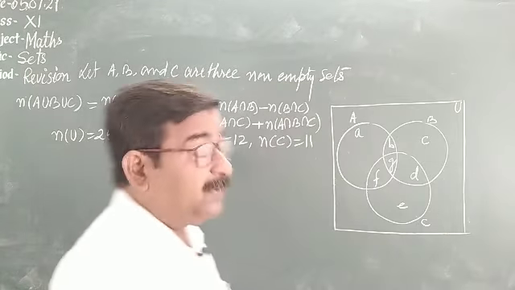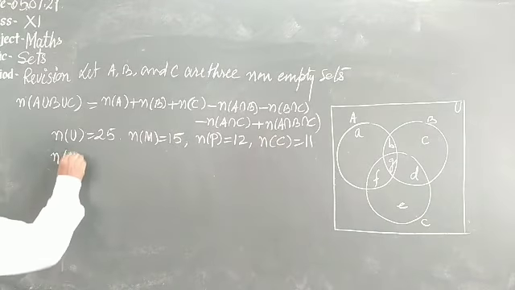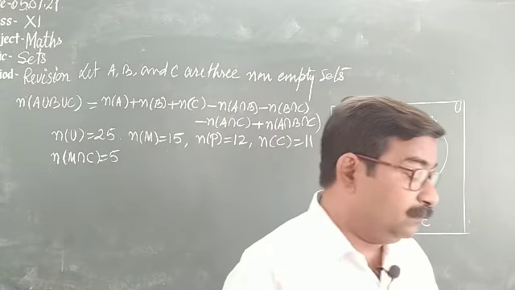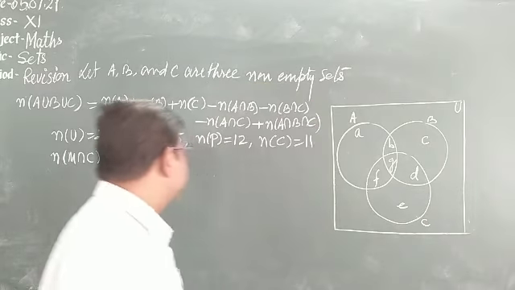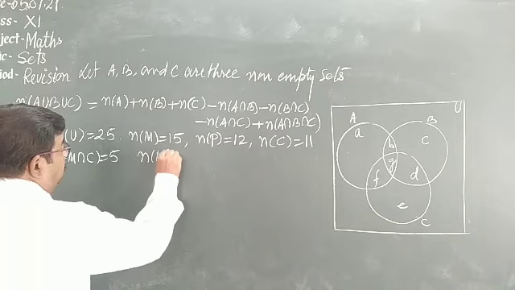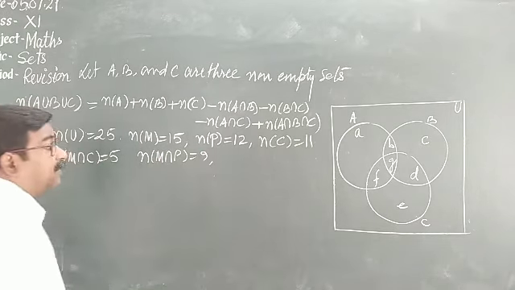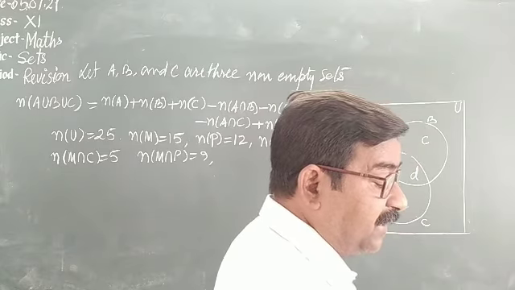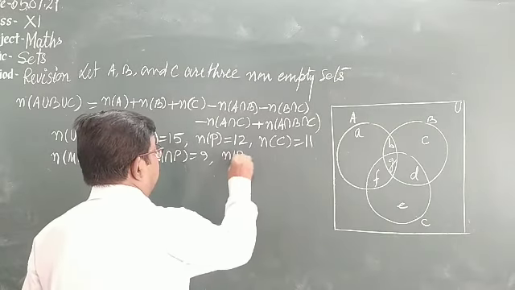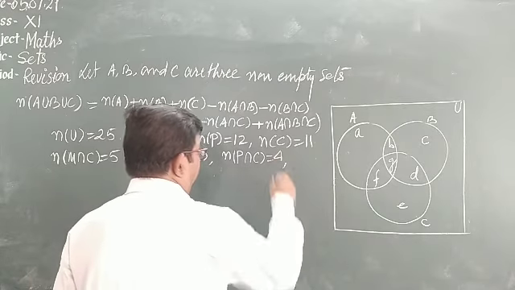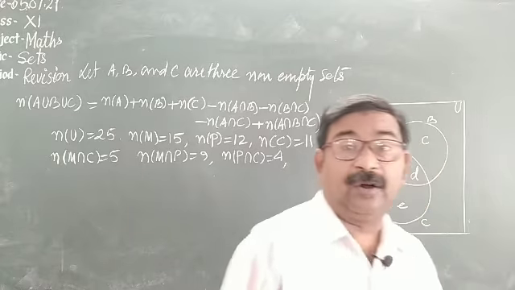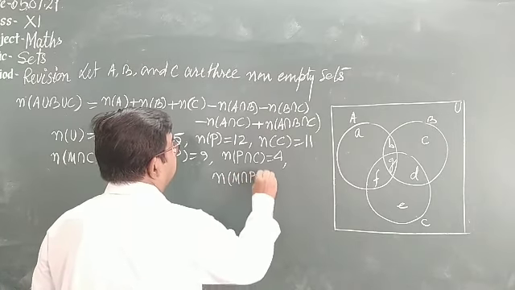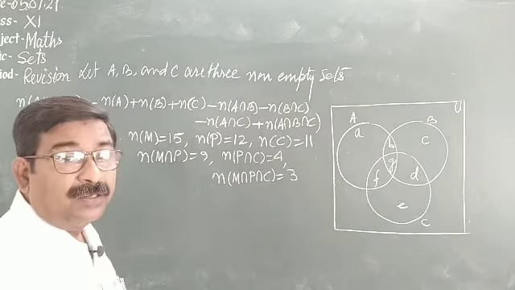Now 5 had taken mathematics and chemistry, so M intersection C is 5. 9 had taken mathematics and physics, so M intersection P is 9. 4 had taken physics and chemistry, so P intersection C is 4, and 3 have taken all 3 subjects, so M intersection P intersection C is 3. So all the terms are given.